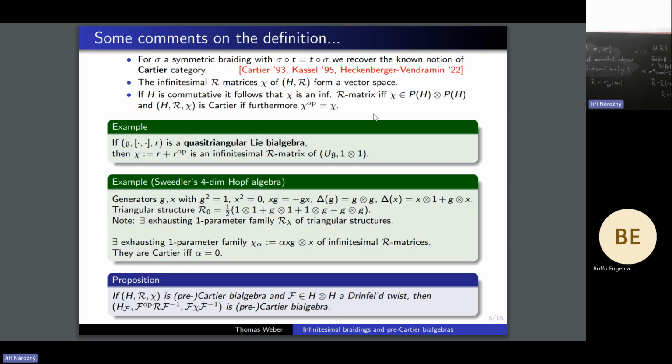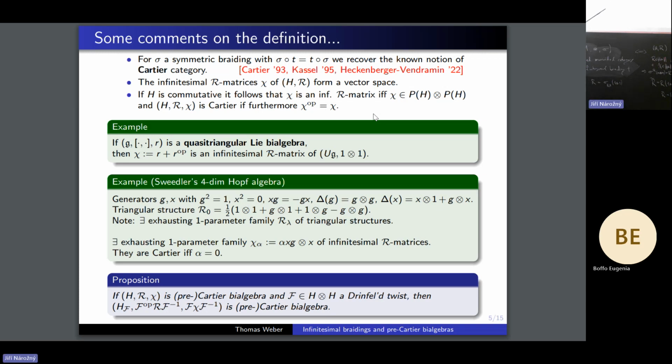Excellent, thank you. With some comments on the definition, part of this was known, namely this special case. That's why we called it Cartier. So in the symmetric case, if our braiding is not a general braiding, but just a symmetry squaring to 1, and we ask also this axiom here, then what we get is a definition of Cartier category, which was introduced in this paper. And you can find it also in the book of Kassel.